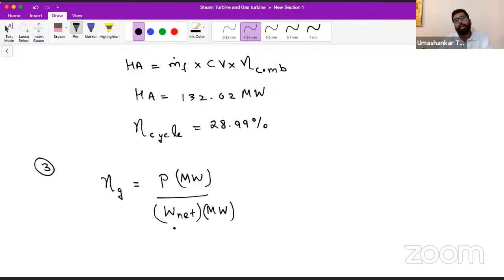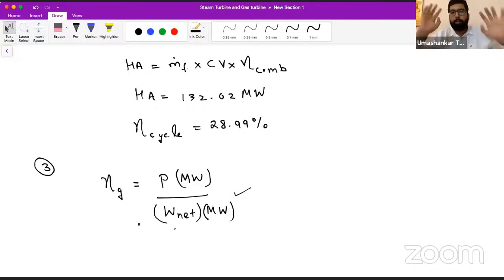We already have this value, so we can calculate the value of P from here. So I think this question I can leave from here. Your generator efficiency is given, your net work from the turbine you already have calculated, so you can find your power from here.